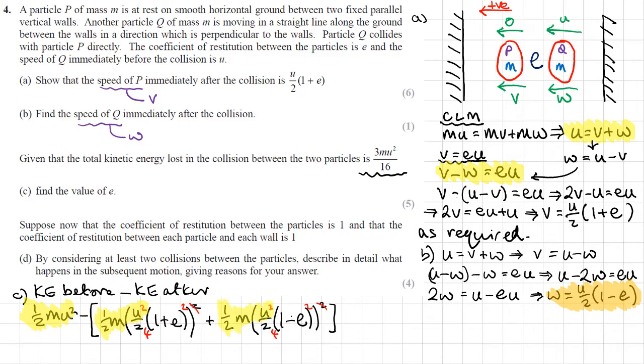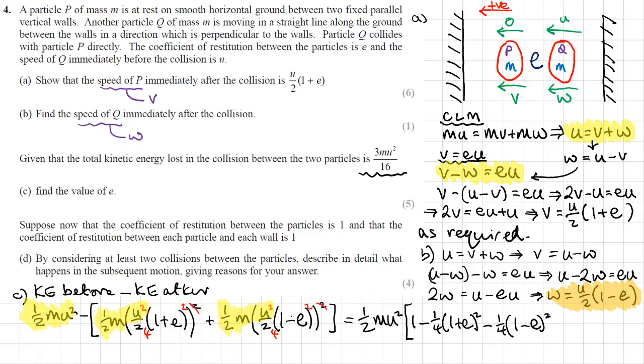So I've got half mu squared here, half mu squared here, and then half mu squared here. So if I factor out the half mu squared, I will have that outside the brackets, and then in the brackets it'll be 1 minus a quarter 1 plus e all squared minus a quarter 1 minus e all squared.